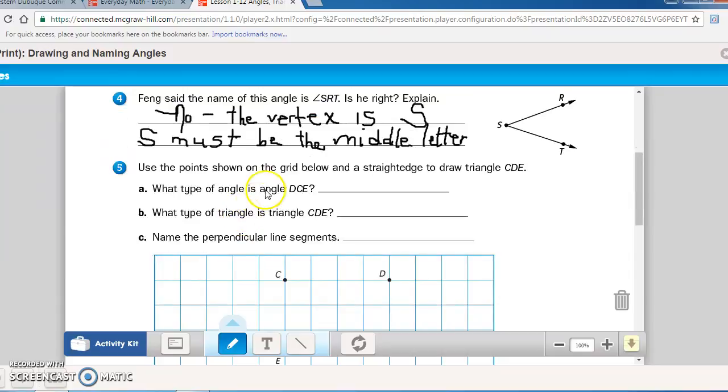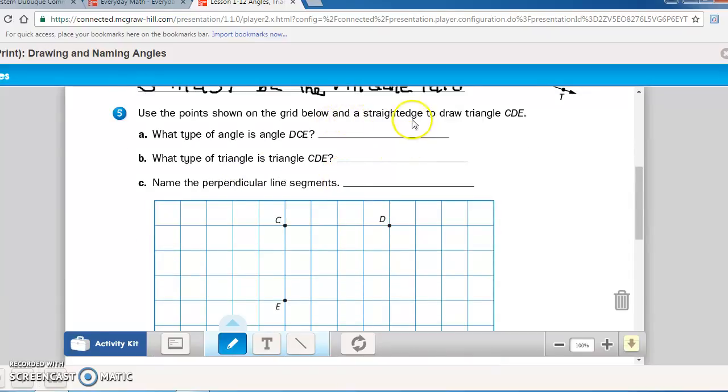So it says use the points shown on the grid below and a straight edge. They must be straight. And draw triangle CDE. So let's go ahead and add CDE. There's our triangle.